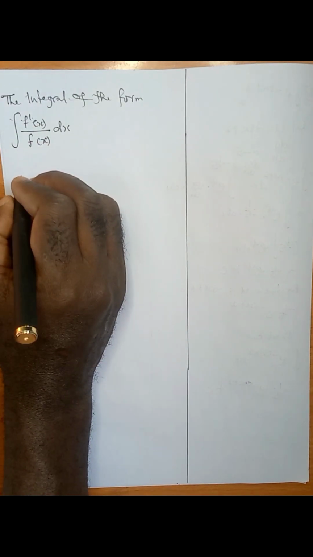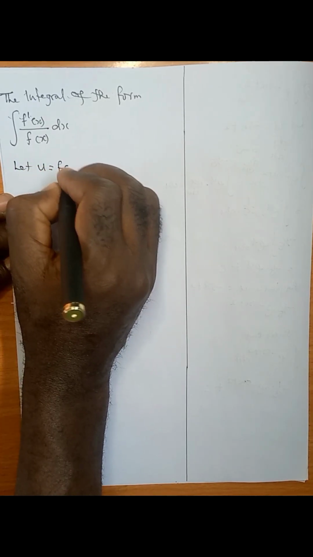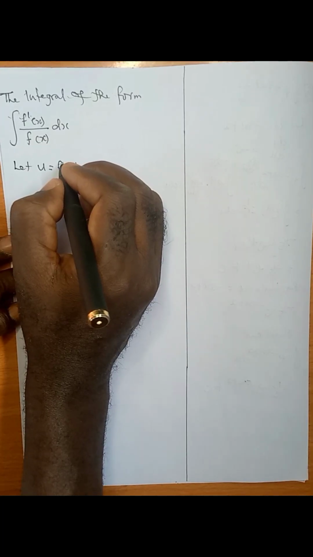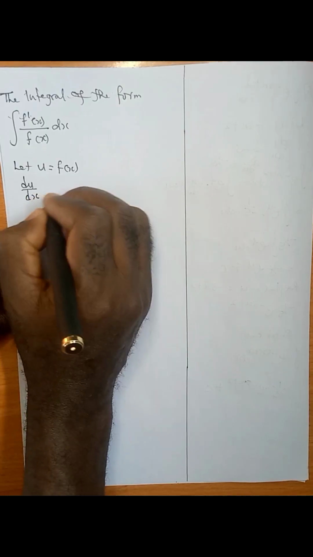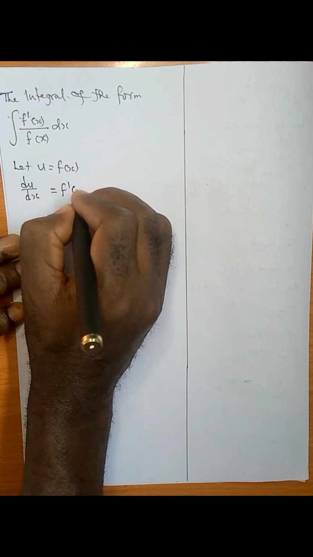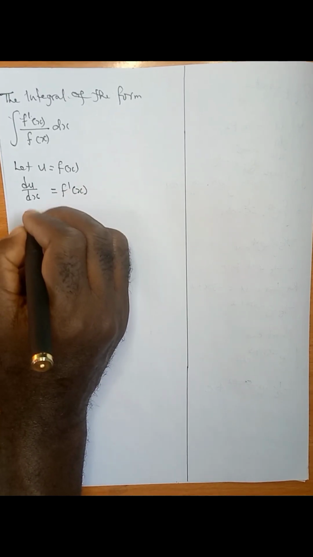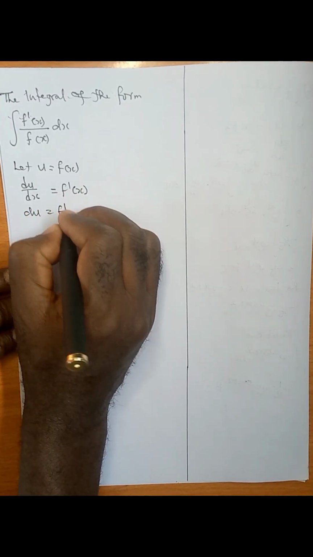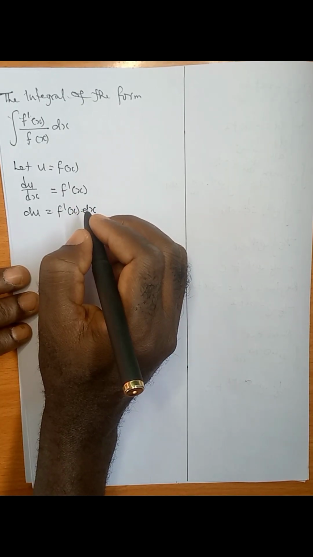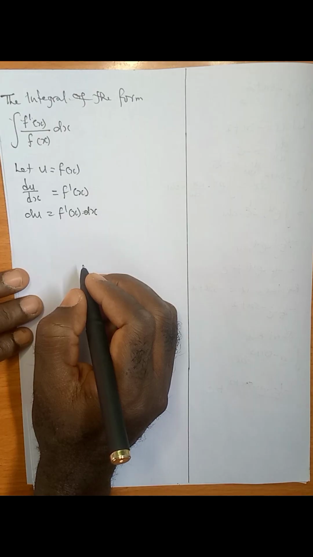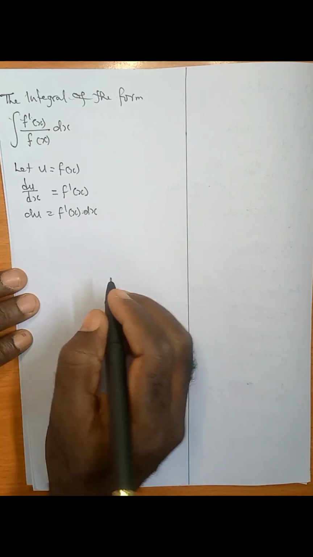Now, we say let u represent f of x. Then when we differentiate u with respect to x, we are going to get f prime of x. Then we have du is equal to f prime of x multiplied by dx. Now, the next thing to do here is that let us divide both sides by u.